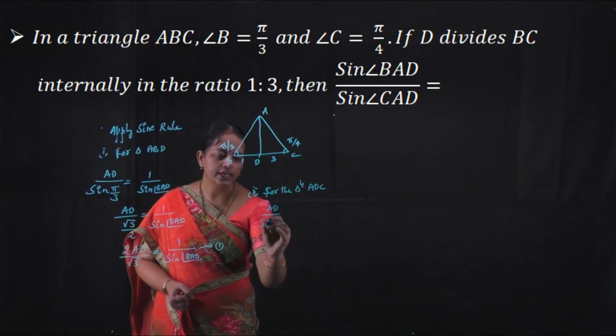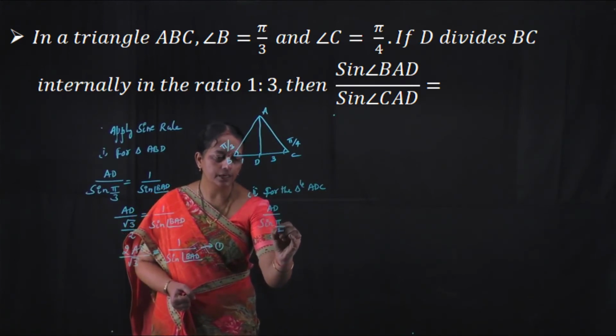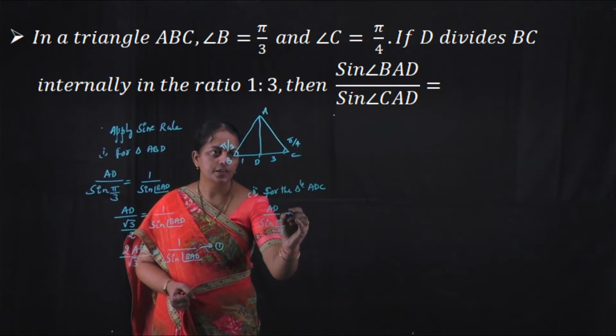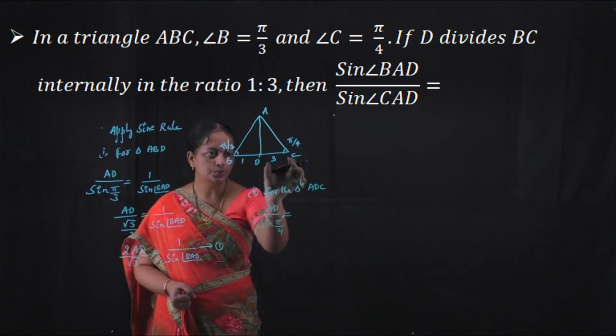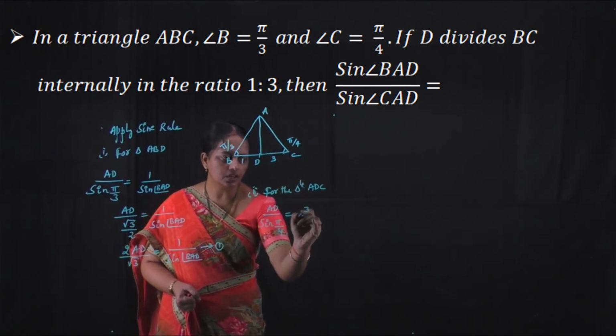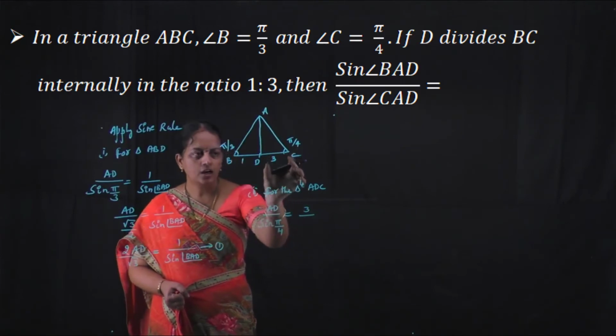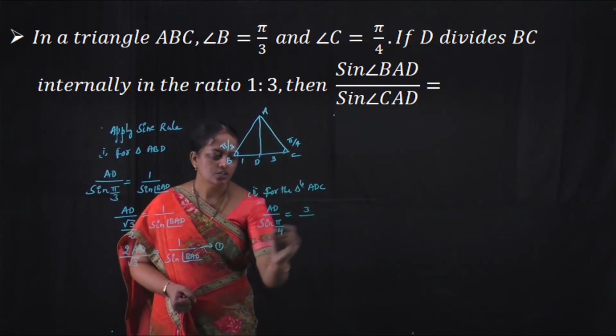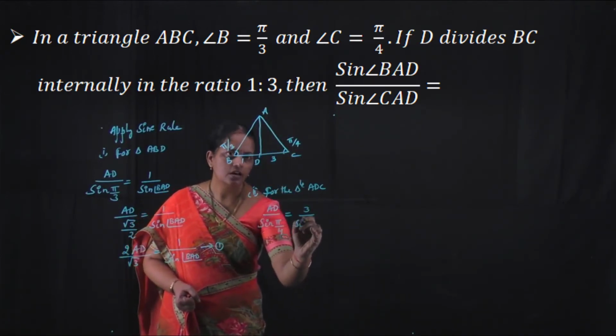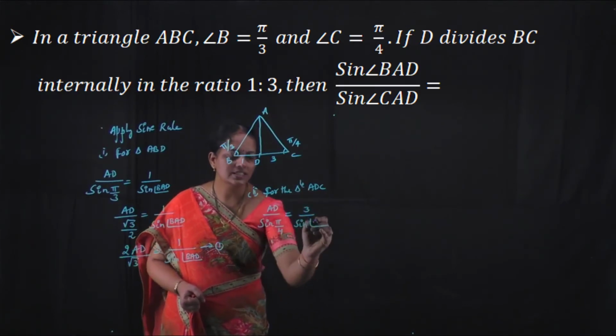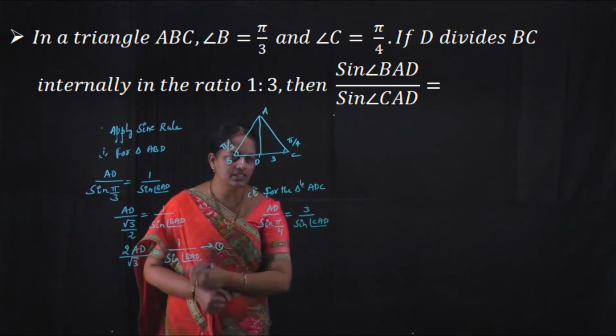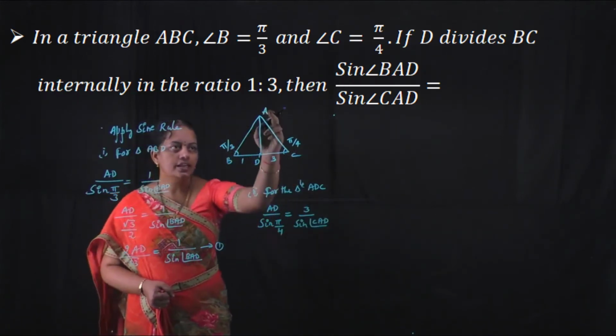So AD by sine pi by 4 is equal to CD, that is 3, by the sine of the angle opposite to CD, which is A, so sine of angle CAD.